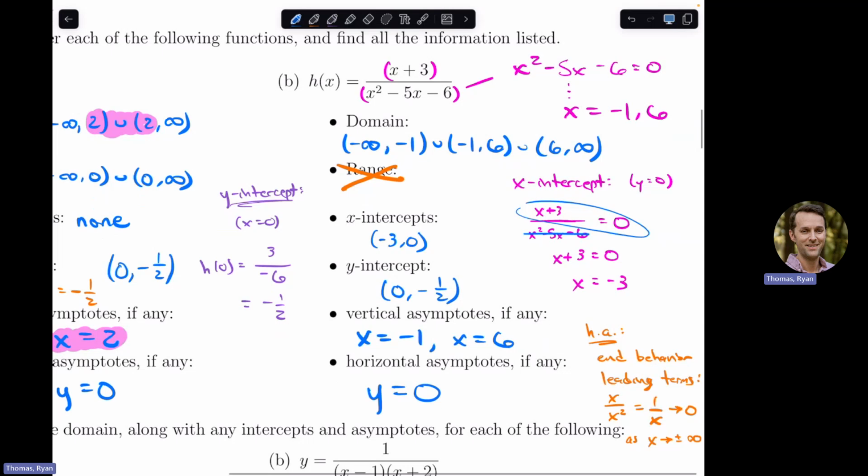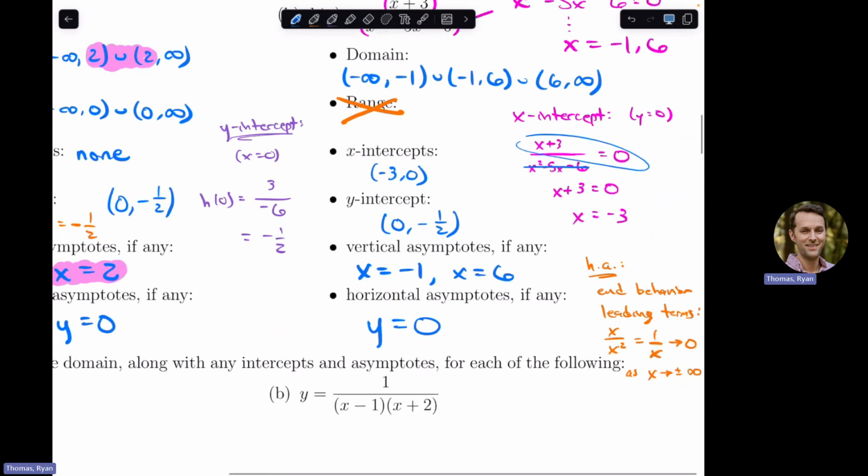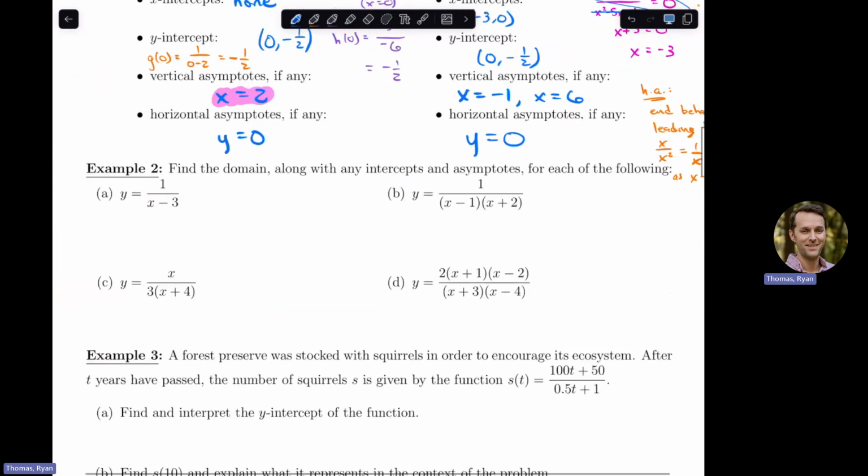Okay, so there are lots more problems here. Stuff we want to be able to find: the domain, the intercepts, the asymptotes. Again, don't worry about range, but find the domain, intercepts, and asymptotes. This should feel and look a whole lot like the one right above it. This shouldn't be all that different.